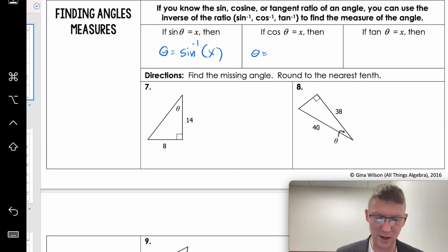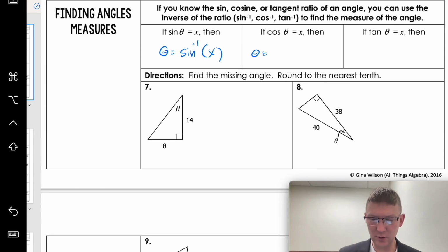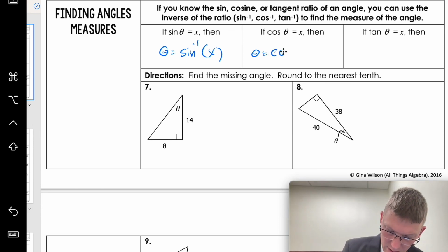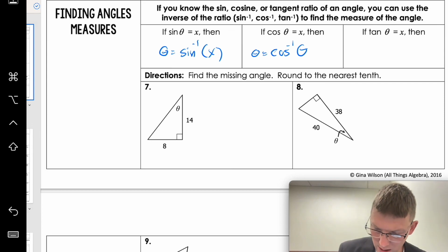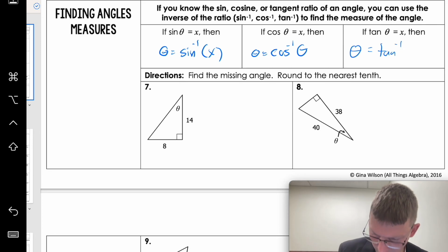That's how we signal inverse. Same thing with cosine inverse, and tangent inverse.